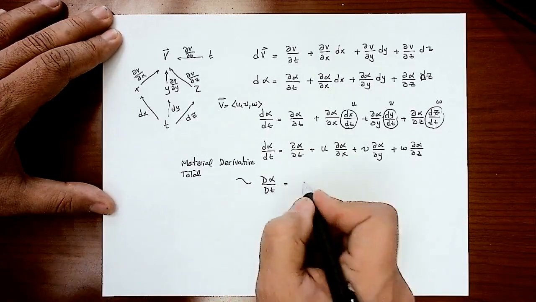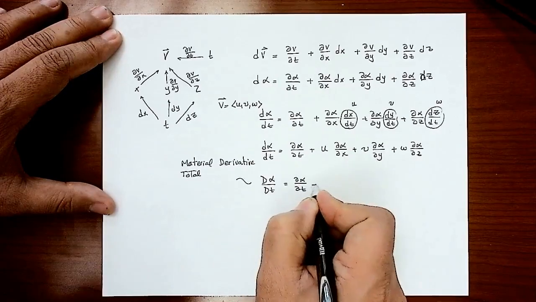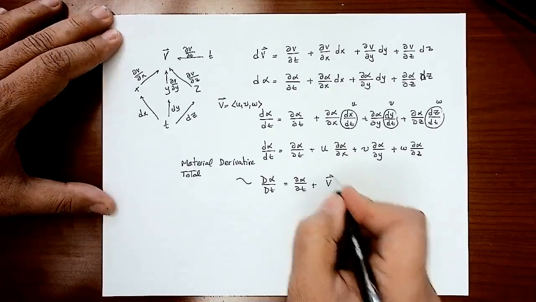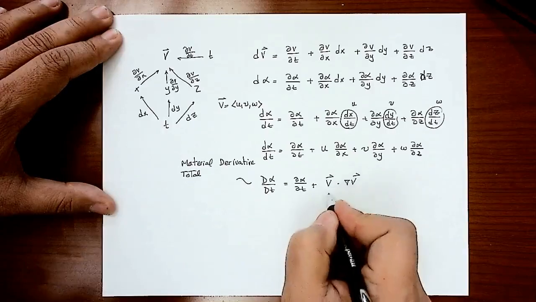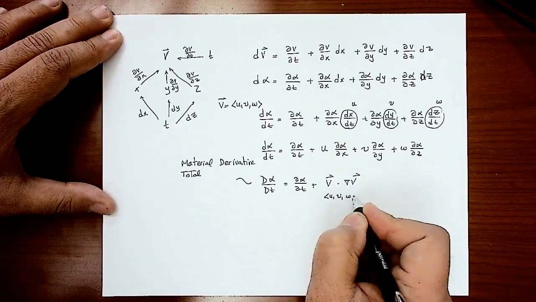D capital is simply the variation of alpha relative to the time plus, right, vector v dot nabla alpha. Remember, v is u, v small, and w.